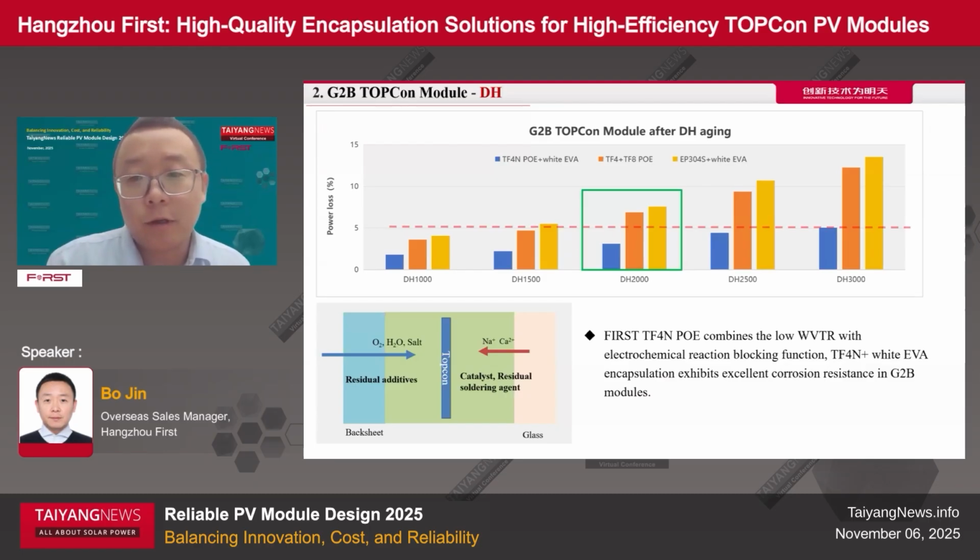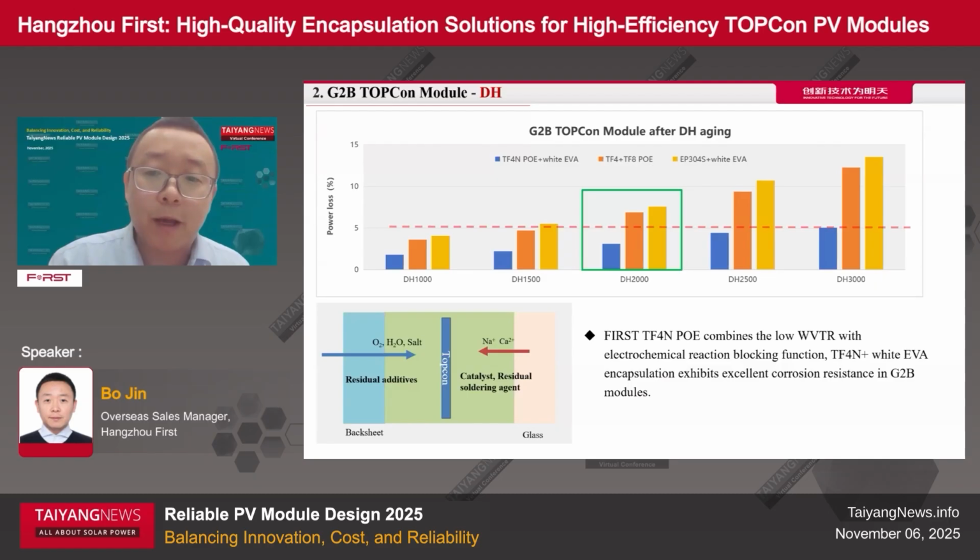Until DH3000, it can have less than 5% of the power loss. And when we use anti-acid EVA on the front side, after DH1500 hours, it can slightly pass 5% of power loss.